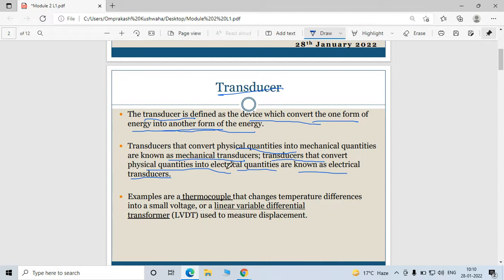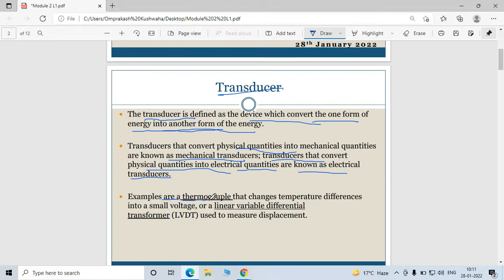If you get the output in mechanical or physical terms, then it is a mechanical transducer. But if you get the output quantity in electrical terms, then the transducer you are using is an electrical transducer.